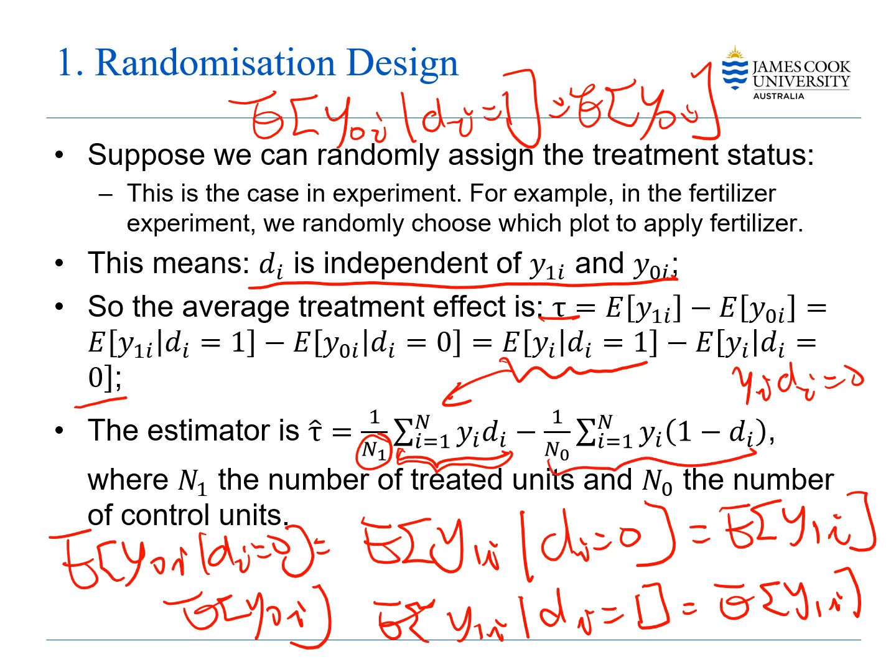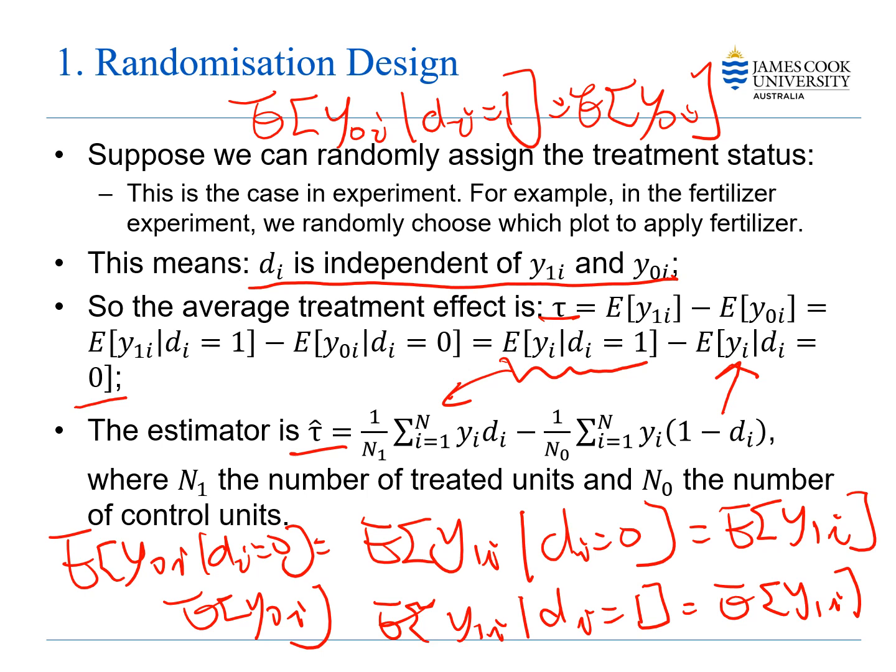Similarly, this is the estimated version of the expected value of yi conditional on di equal to 0. And the difference of them is the average treatment effect. I hope you are convinced that this is the natural estimator.